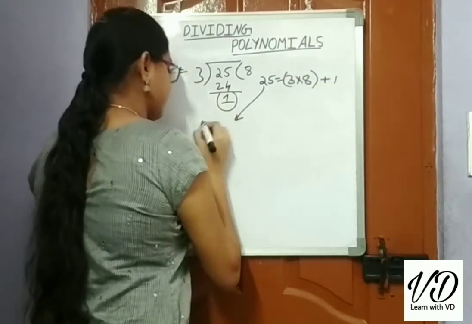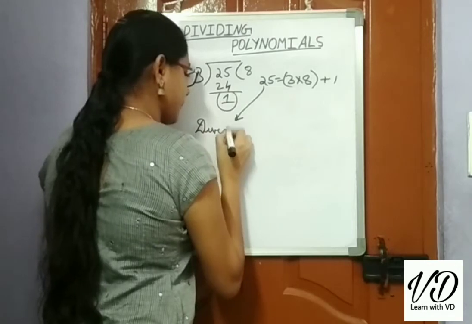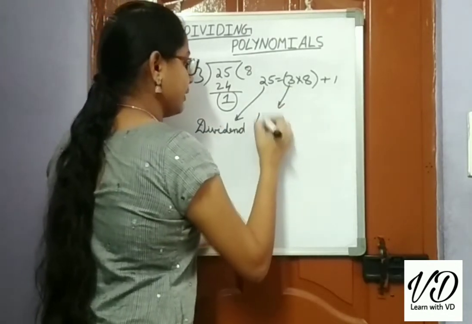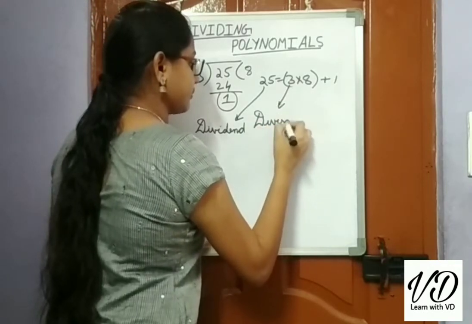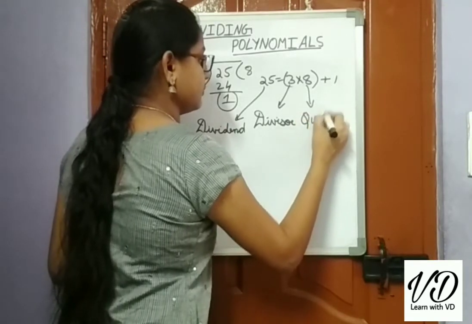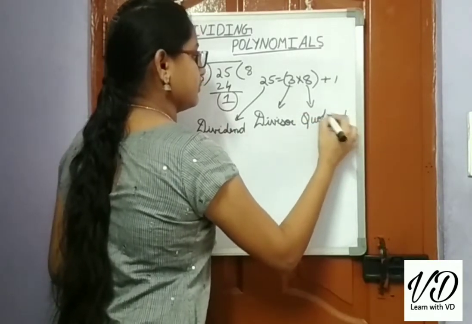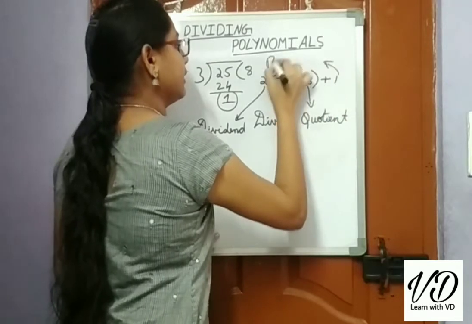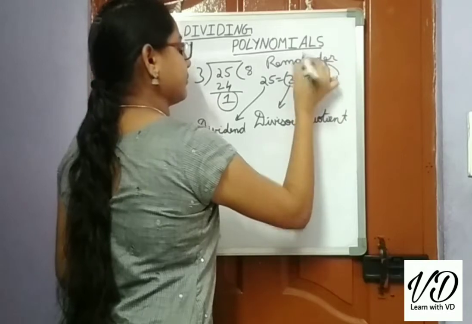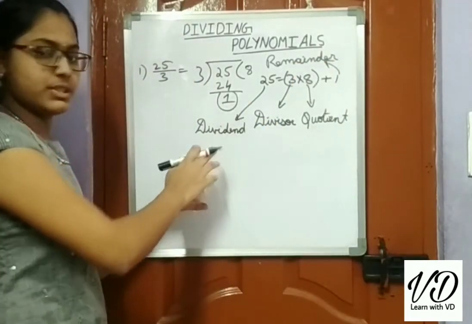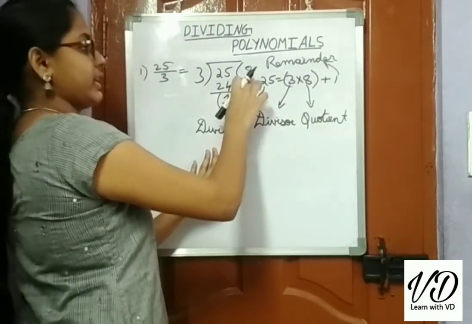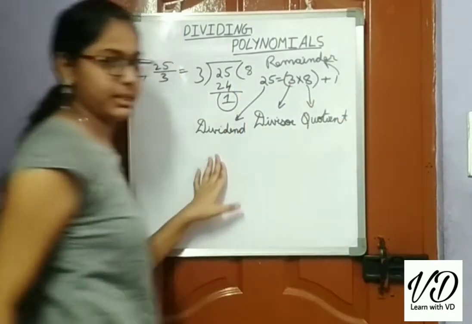Here 25 is the dividend and 3 is the divisor. 8 is the quotient and 1 is the remainder. 25 is the dividend which we are dividing by the divisor, 8 is the quotient which we got as the answer, and 1 is the remainder.